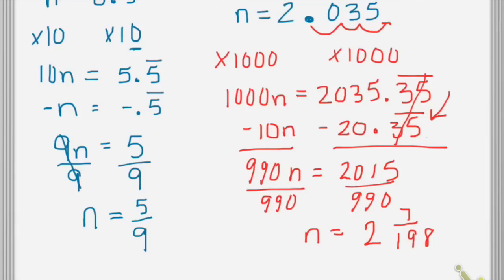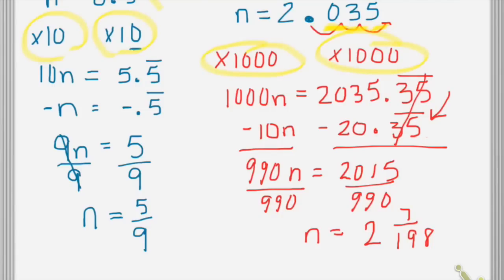So basically, doing this by the equation solving method, you want to multiply by a power of 10 based on how many digits repeat. So one digit repeating, one power of 10. To get that decimal past there, here we have 3 spaces, so 3 zeros that we're multiplying by.